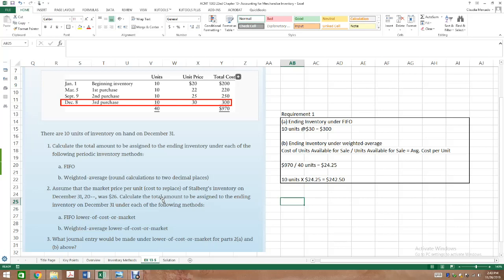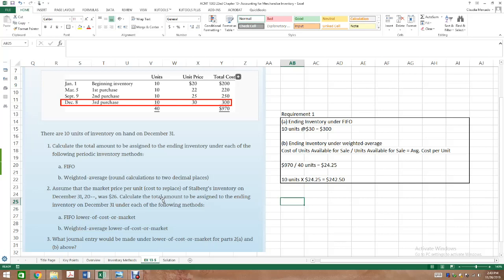So we have to assume that the market price right now of these goods is $26. Okay? So if I'm going to go out there and purchase these goods, I'm going to purchase them for $26. That's the cost to replace these goods. So if I need to get more, that's how much I need to pay up, 26 bucks.